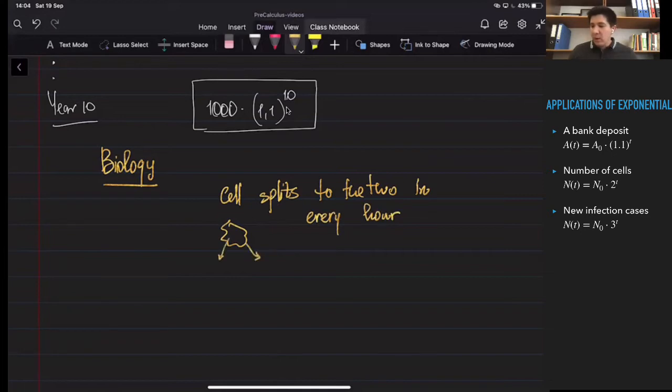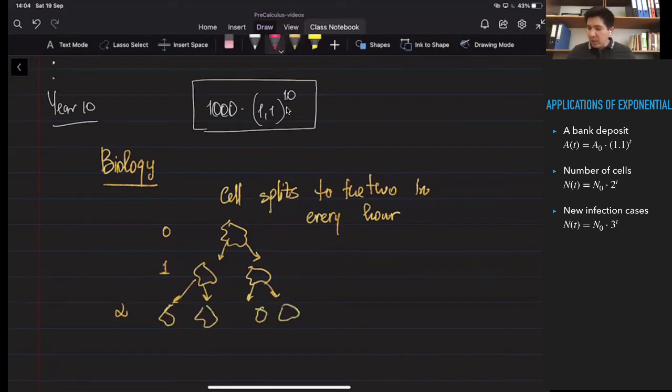After 1 hour, you're going to have 2 cells, right? After 2 hours, every one of your 2 cells is going to split into 2 again. So in the beginning it was just 1, then after 1 hour it's 2, after 2 hours it's 4.